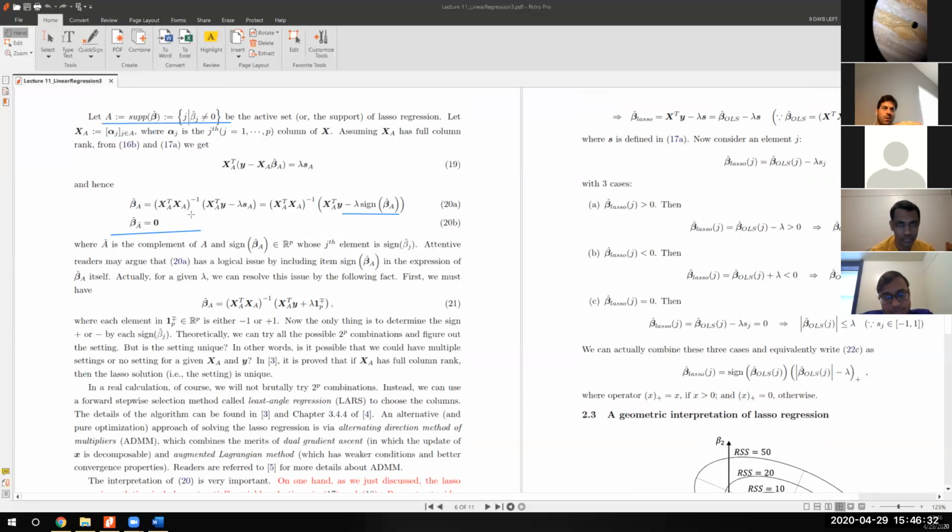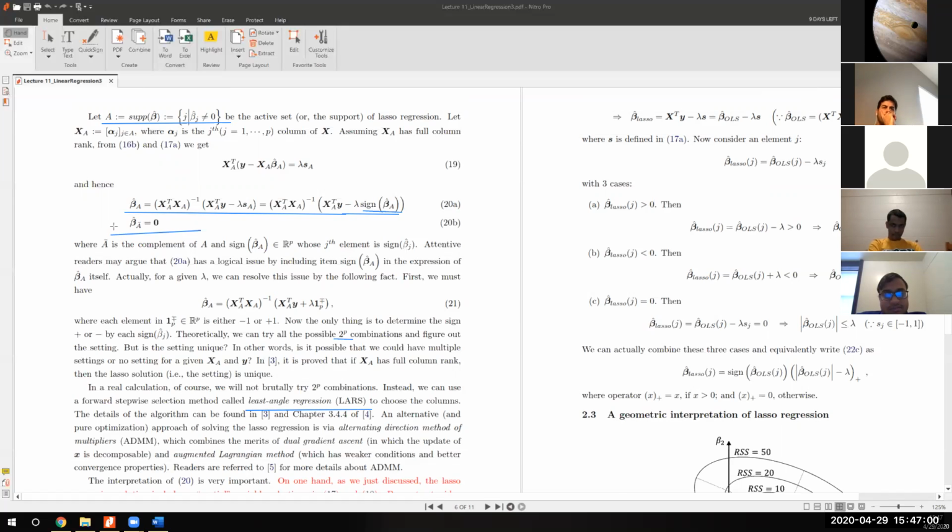And for things not in the active set, you need to choose the sign of beta. When we are really doing it, we can do it polynomially. Nobody is going to really stupidly do this. The stepwise method can really solve it. The least angle regression can solve it.